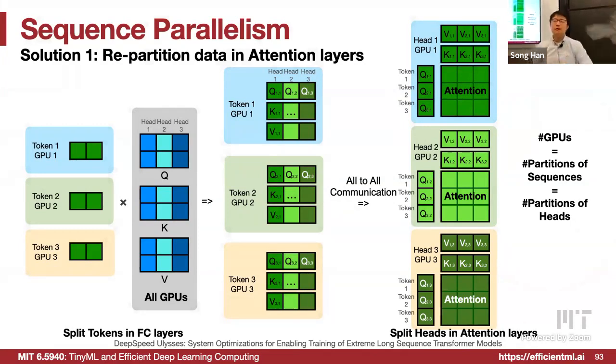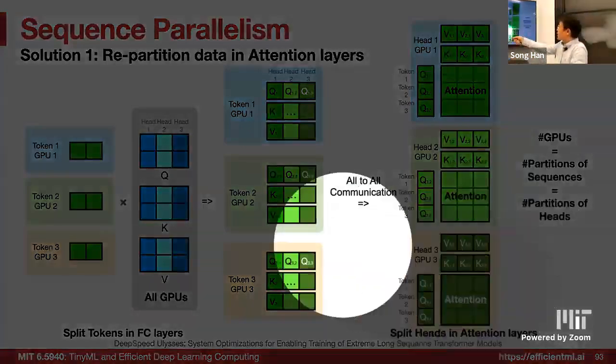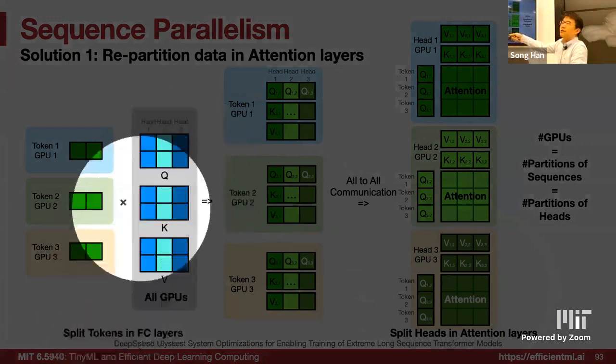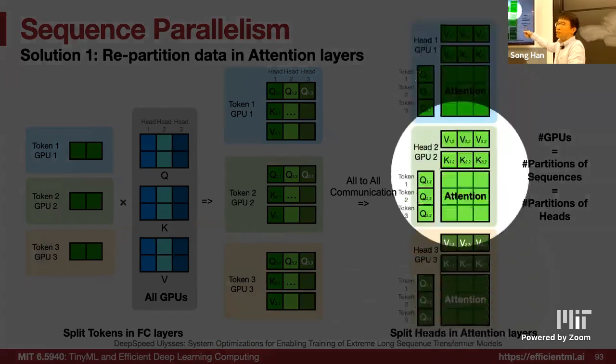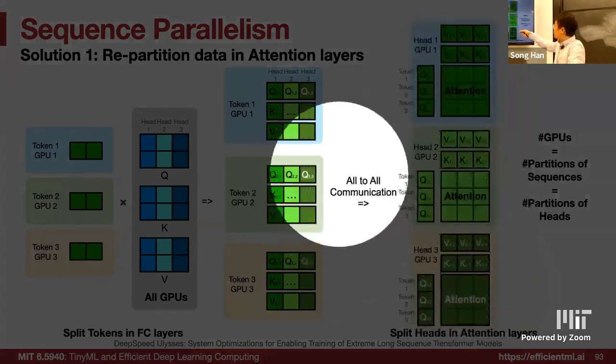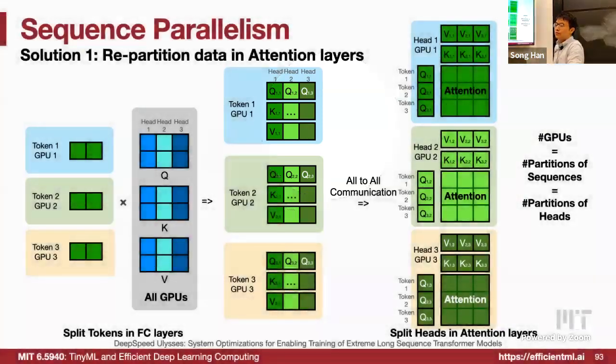So what's the limitation of this approach? Because you have to first calculate the QKV transformation, this matrix multiplication, and therefore in the middle you have to do a communication to exchange the data.